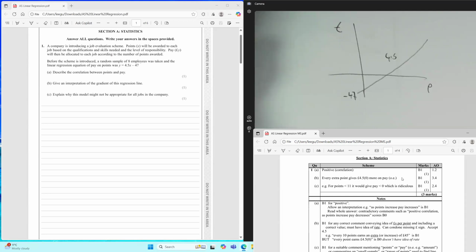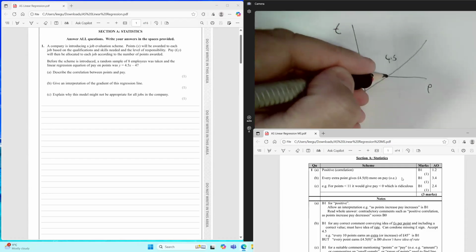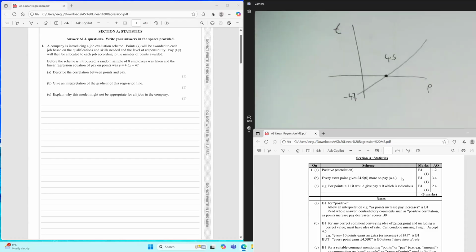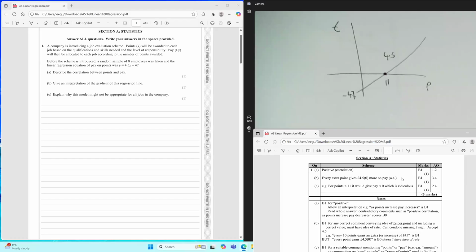And then part C: explain why this model might not be appropriate for all jobs in the company. Well, the reason why is you can see here, there is a certain point below which, on the points scale, in fact that point is 11. If you've got less than 11 points, this model predicts that you're going to get negative pay.